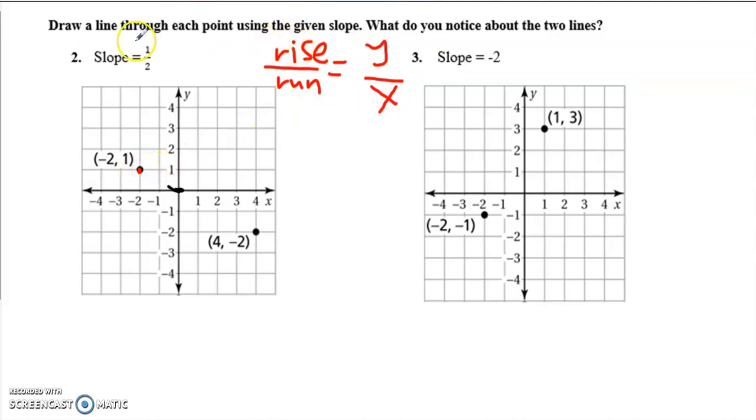And we're going to rise 1, and then we're going to run 2. So if we go over 2 from that point, now we've got a point like this. If we want to make our line longer, we do it again. Rise 1, run 2, rise 1, run 2. So we're going to get a line that looks like this.